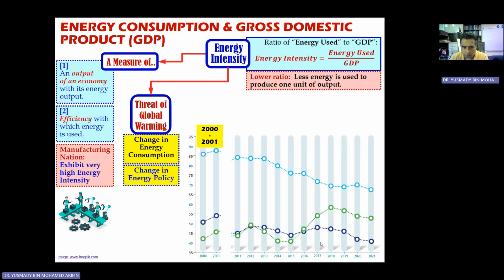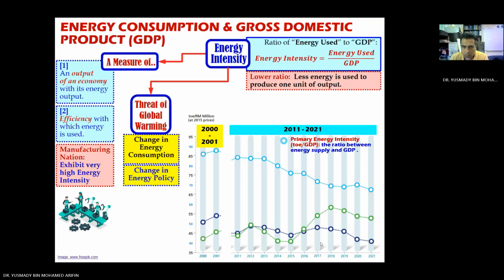Looking at the graph, it shows the trend of energy intensity from year 2000 to year 2021. The light blue data represents the primary energy intensity, which is the ratio between energy supply and GDP.